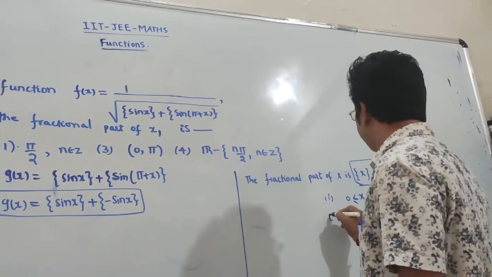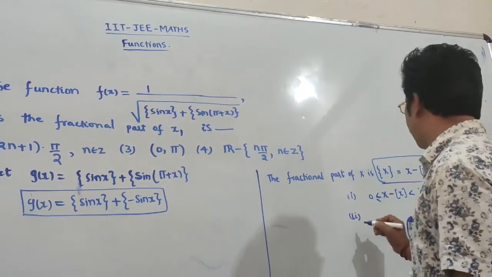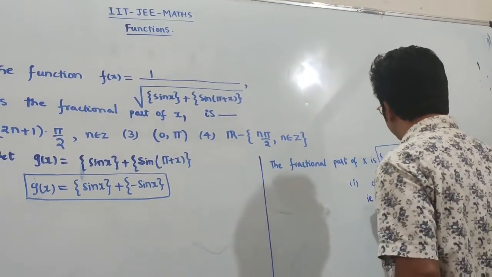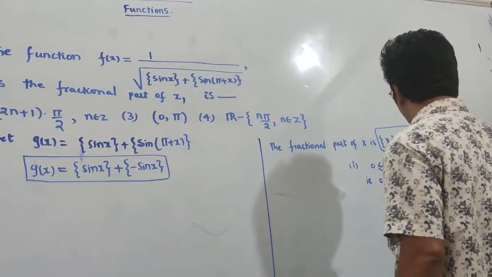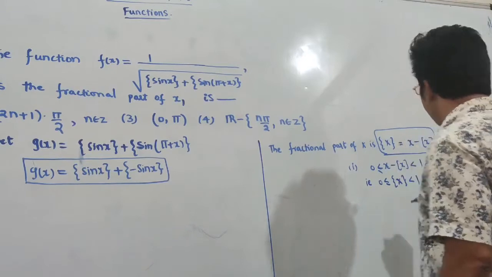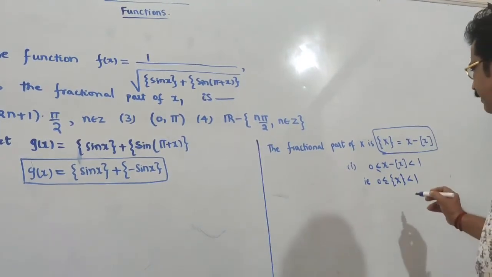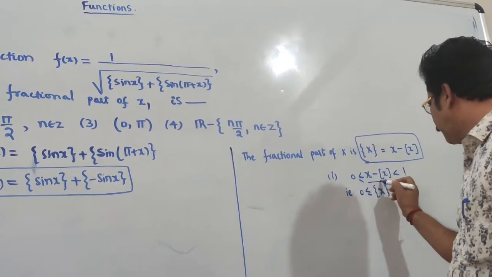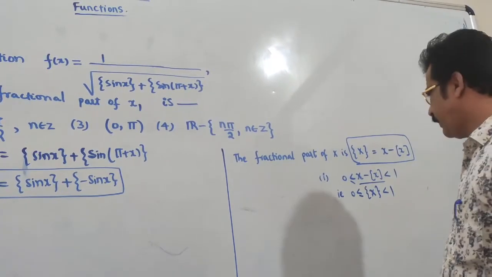Next, second point: that means 0 is less than or equal to the fractional part of x, which is less than 1, whereas the fractional part is equal to x minus floor of x.